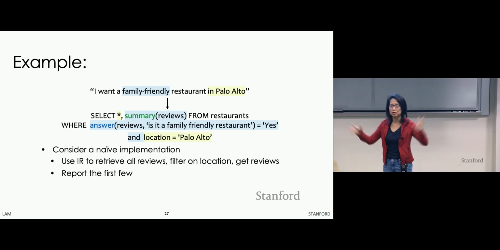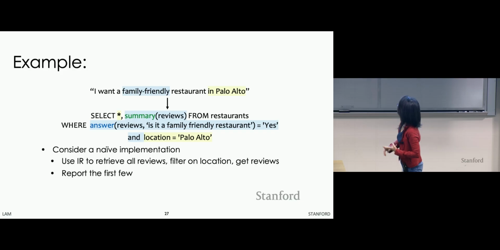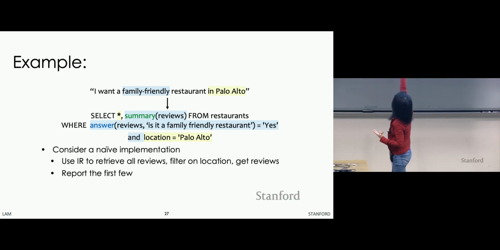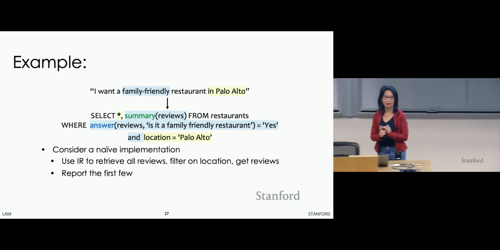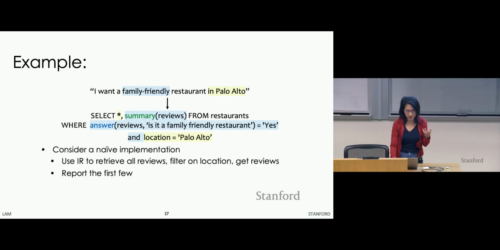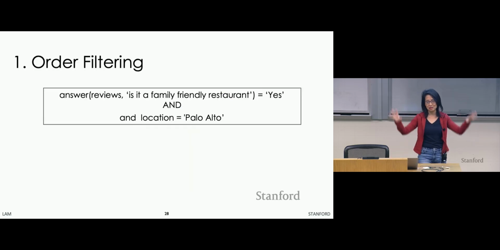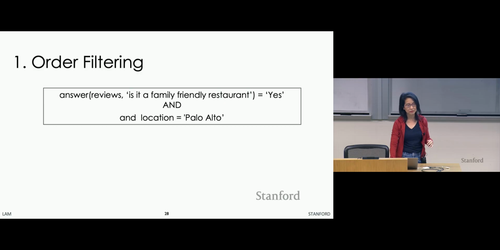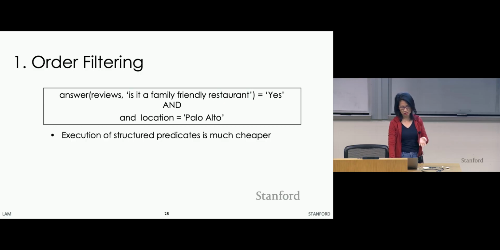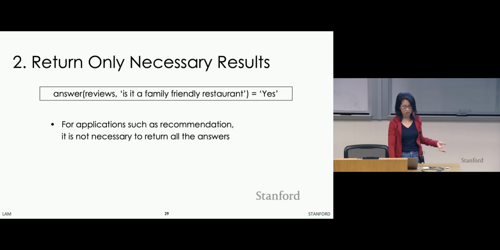You don't want to retrieve all the answers, because at the end, I'm going to report only a few. Very good. So these are the main considerations. Here are the three main ideas that are implemented in the compiler. The first one is ordering filtering. You always execute the structured predicates first, and that makes a huge difference.